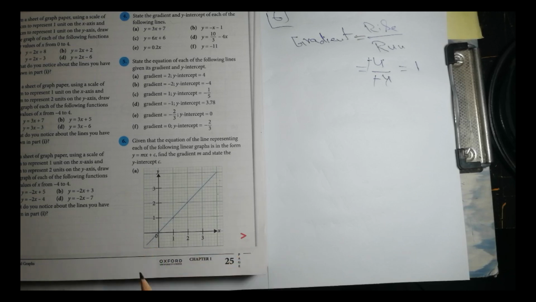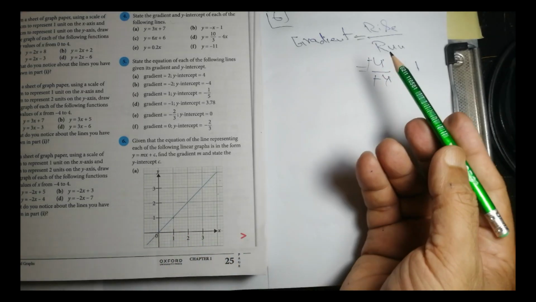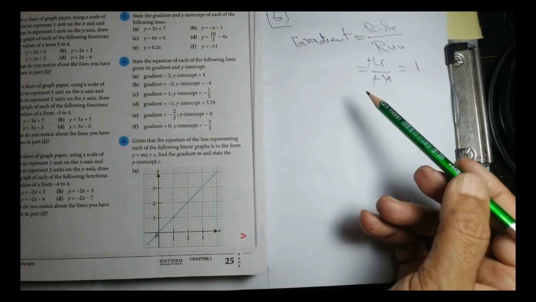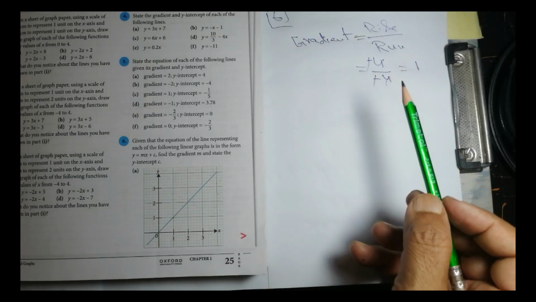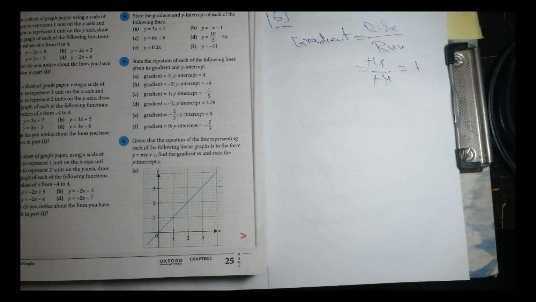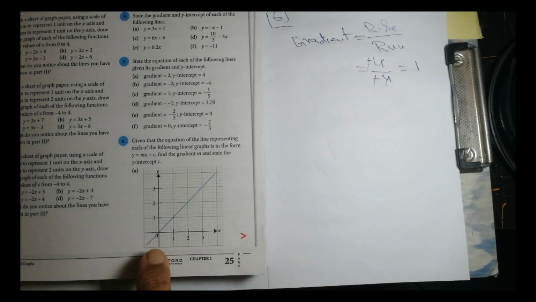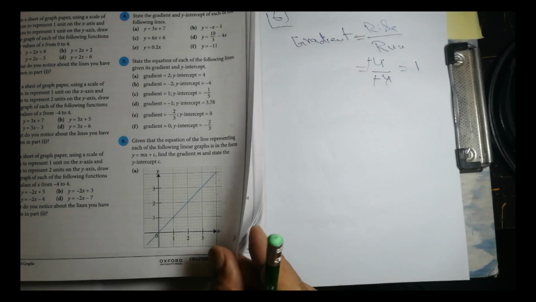Answer will be 1. So we can take any two prominent points, and then we can divide the vertical over horizontal distance, taking the sign of the vertical and horizontal distances into consideration.